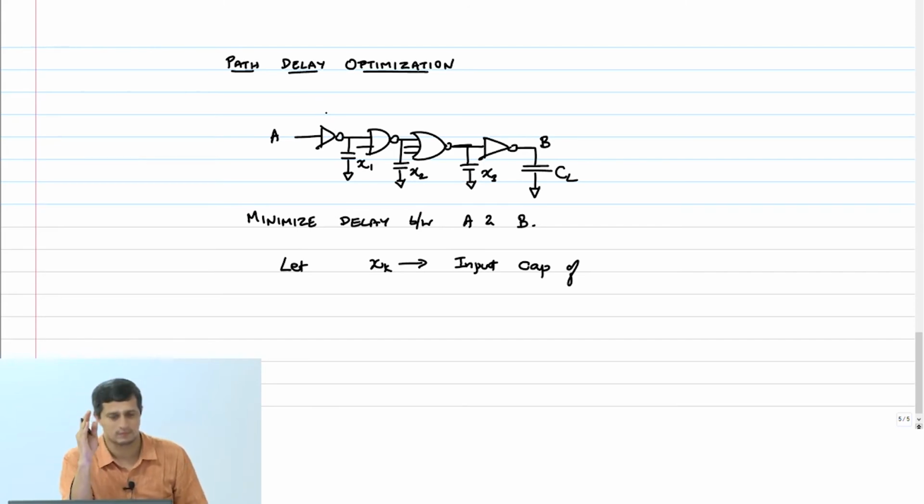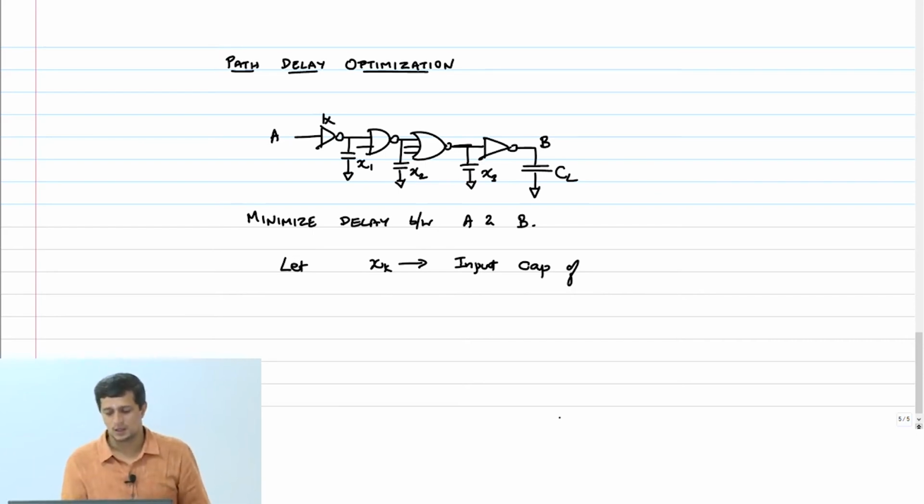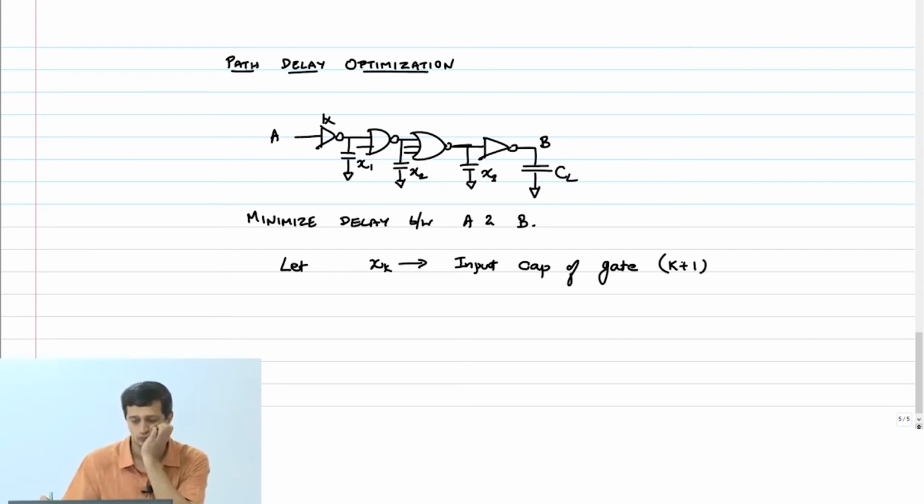Let's assume that that is fixed. That is a minimum size gate, and this is just a reference inverter. So this is a 1x gate. Let Xk be the input cap of gate K plus 1. Okay, this is the input gate cap of the next gate. So make sure you don't count parasitic capacitances here. This is input gate cap of the next gate. It's just load capacitance. Those are my variables.